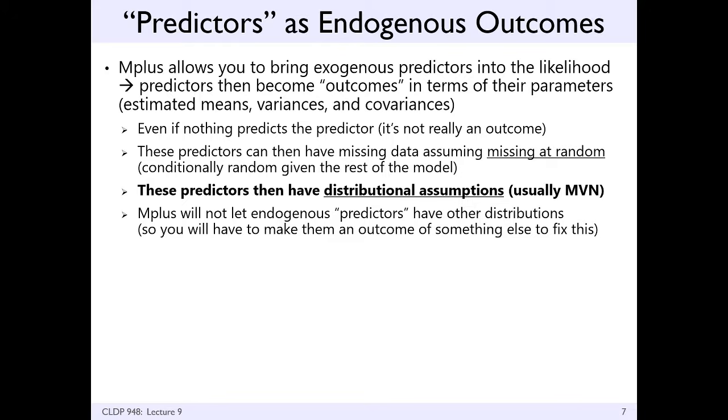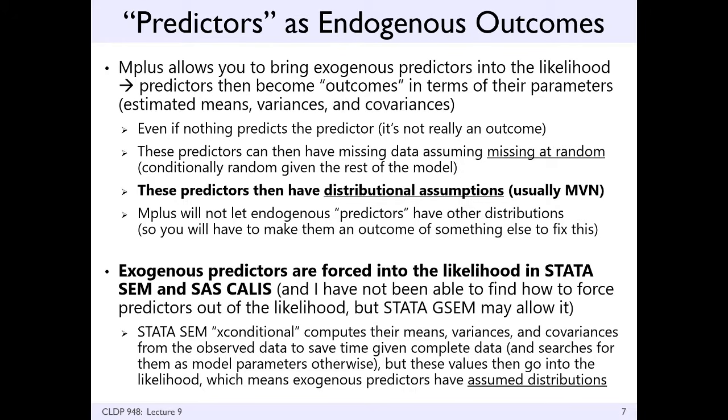So yes, missing data is handled to the extent that you are allowed to put it in a distribution and make a distributional assumption when you put it in the likelihood. And this is where the intersection of software and textbooks to me is really interesting.